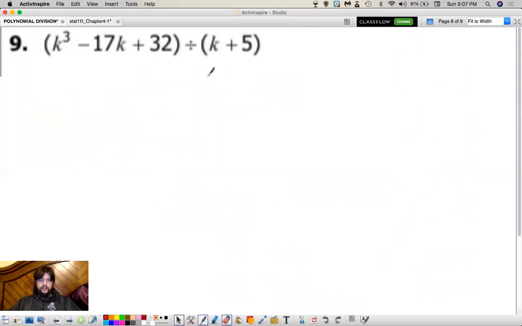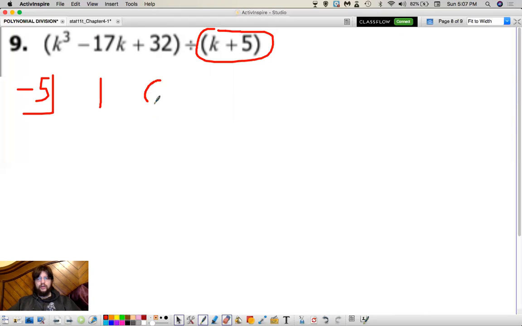Now this one, they're trying to trick you here. So you've got to pay close attention. First step, what makes our divisor 0? Negative 5. Could very well be a fraction here, so don't let that fool you. Second step, write down all of your coefficients. 1, look at it. How many k-squareds do I have?